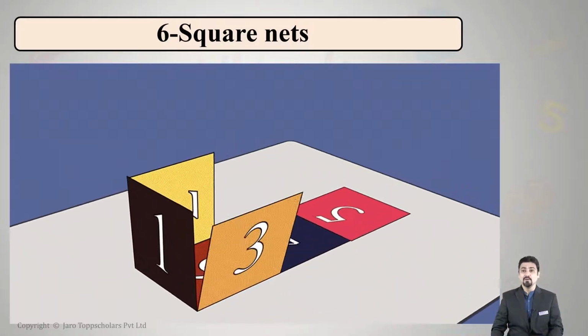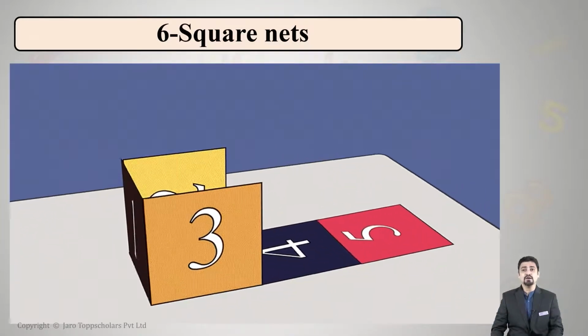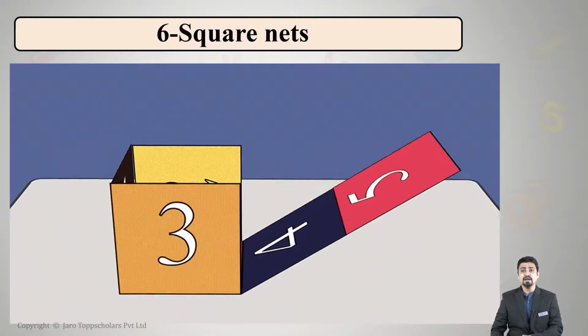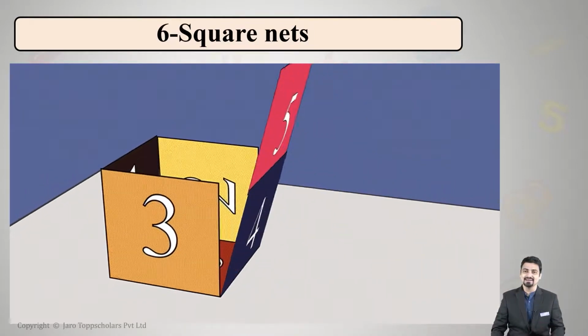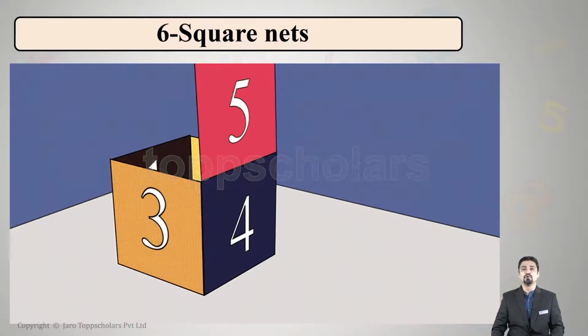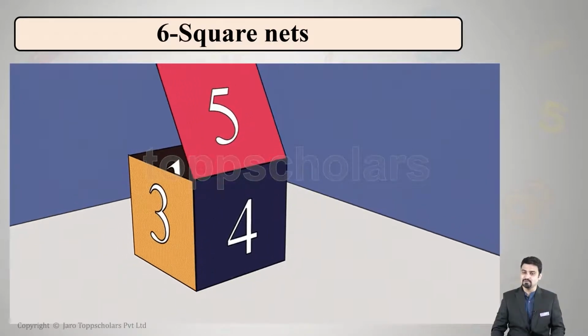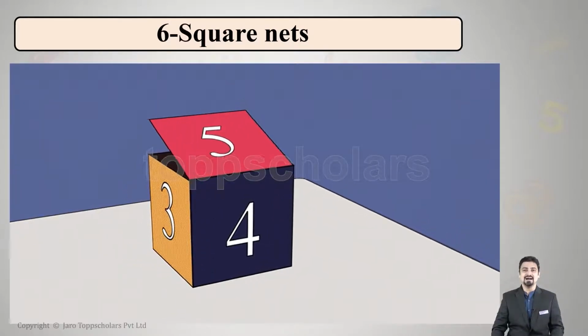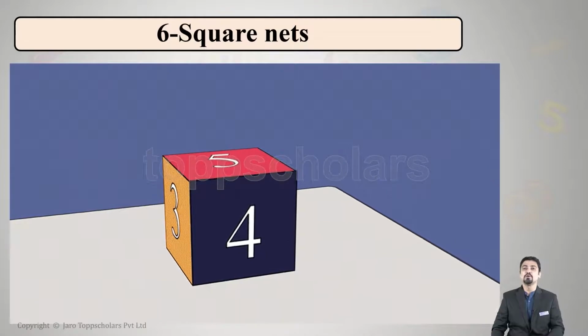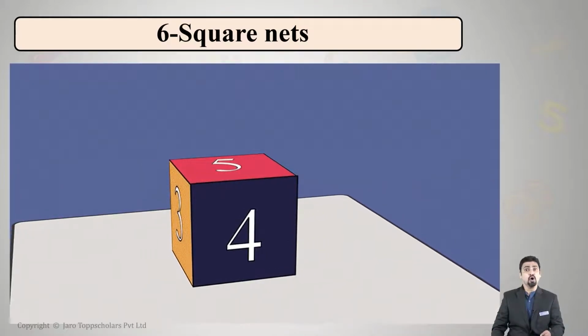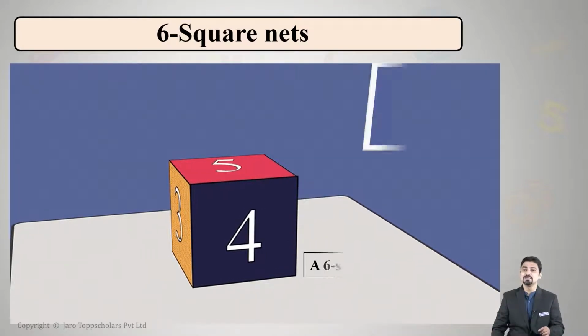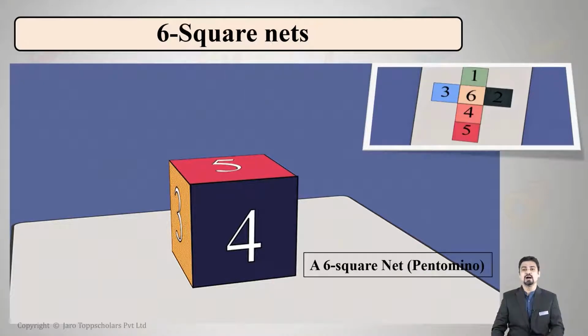And then we fold squares 4 and 5, taking them vertically together, and further fold square number 5 to get a, yes, this is a closed box, also called a closed cube. So this is how a 6 square net looks and what it makes up when we try to make a solid out of it.